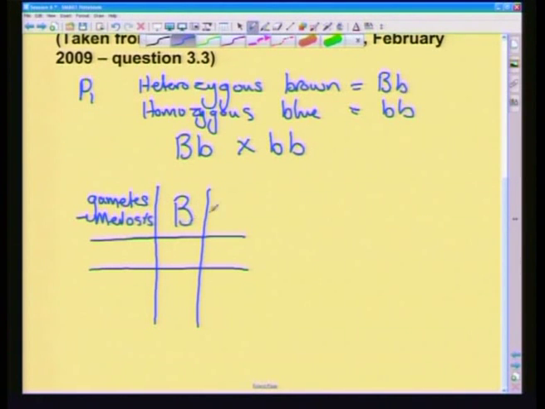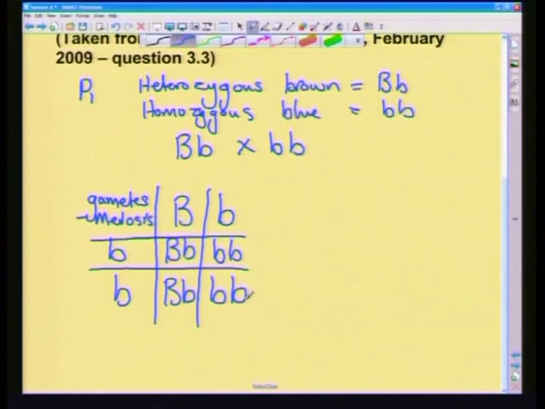Now we have the father and we have the mother, or the male and the female. Okay, let's do our cross. Capital B, small b, and small b and small b. And we have capital B, and we have small b. All right, so this is what we are going to have here.